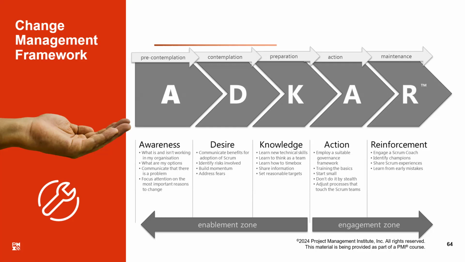So we create an environment for them in which they feel safe with a new changed system. So the first three items, awareness, desire, and knowledge, are in the enablement zone. We have not actually done any action, but we have enabled people through awareness, desire, and knowledge. And action and reinforcement is the engagement zone. Right?